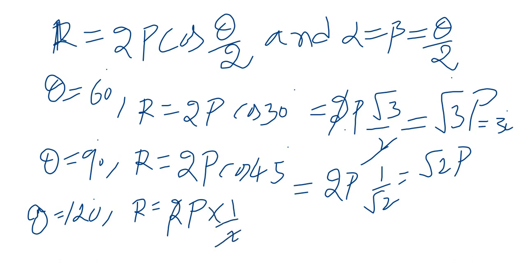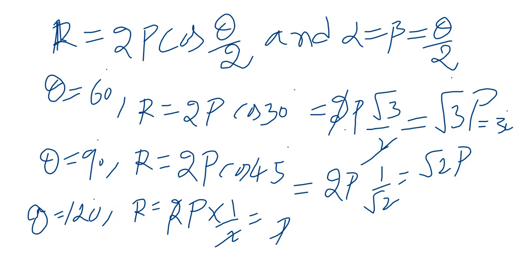So R is equal to P when theta is 120 degrees. These are the cases when P is equal to Q and they are making different angles. So these are the different cases.